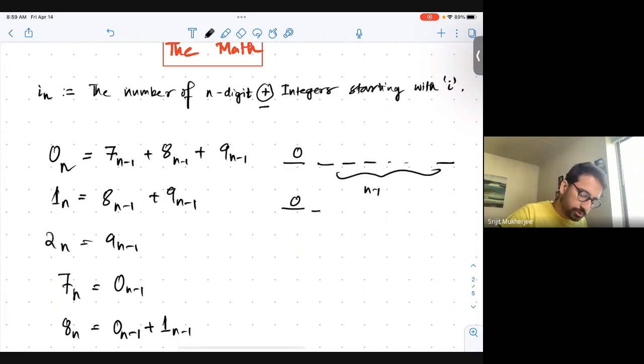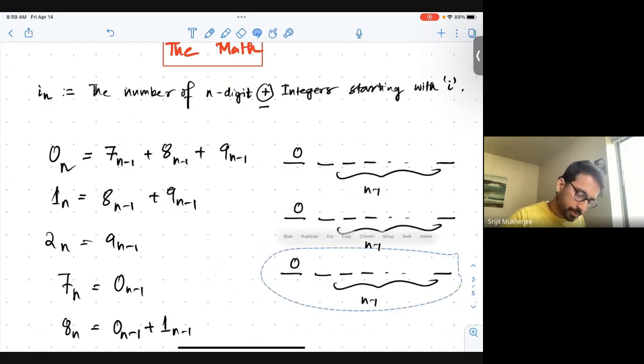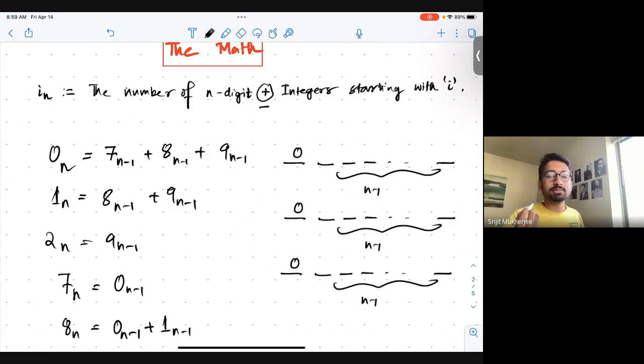So let's understand this very carefully. After 0, there's possibility of 7, 8, and 9. So here it can be 7, here it can be 8, and here it can be 9. So these are the three possibilities that you can have after 0.